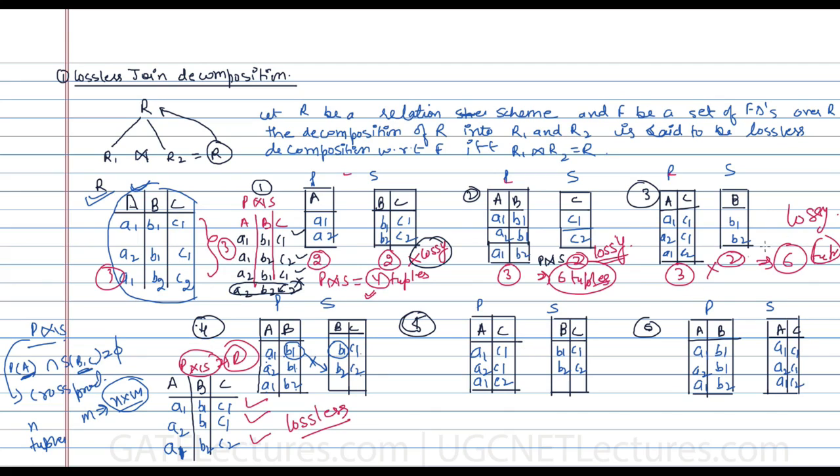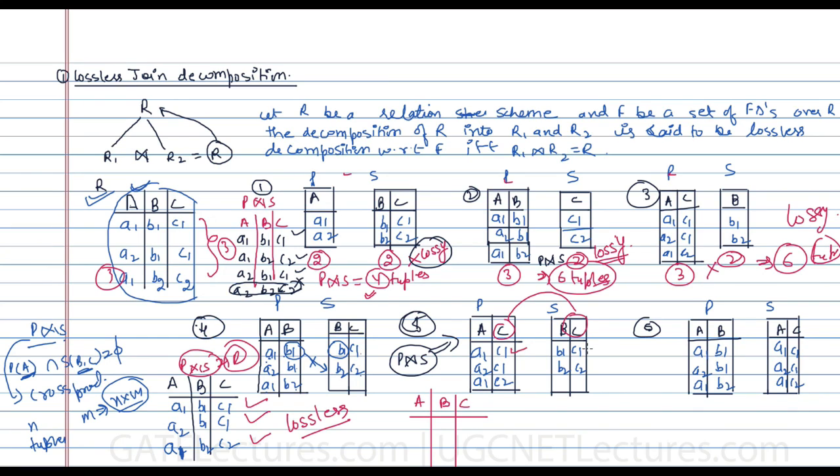If you combine this table, let us check what is happening here. If you do P natural join with S in this table, then we are going to get a table with the attributes A, B and C. We are going to combine only those tuples where the value of C is common.